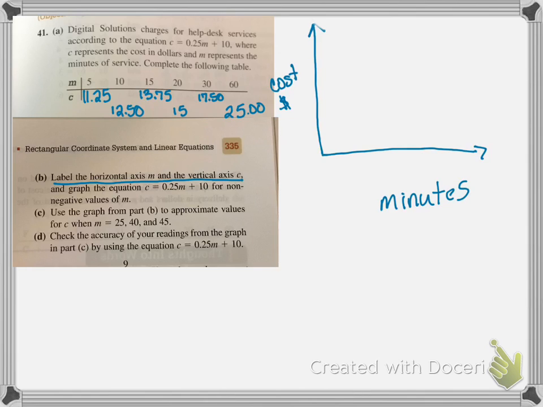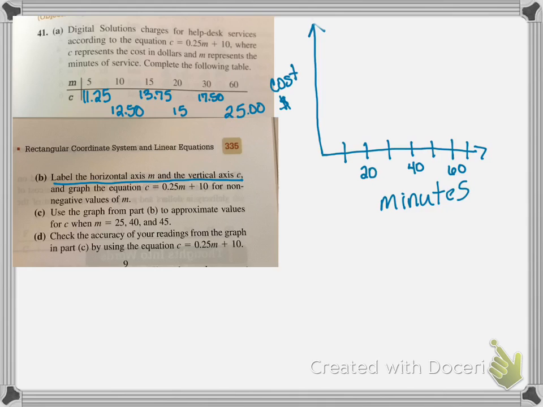So this is going to be 10 minutes, 20 minutes, 30 minutes, 40 minutes, 50 minutes, 60 minutes, and 70 minutes. Okay? So it's not always easy to write down the value of every single tick mark, and that's okay.